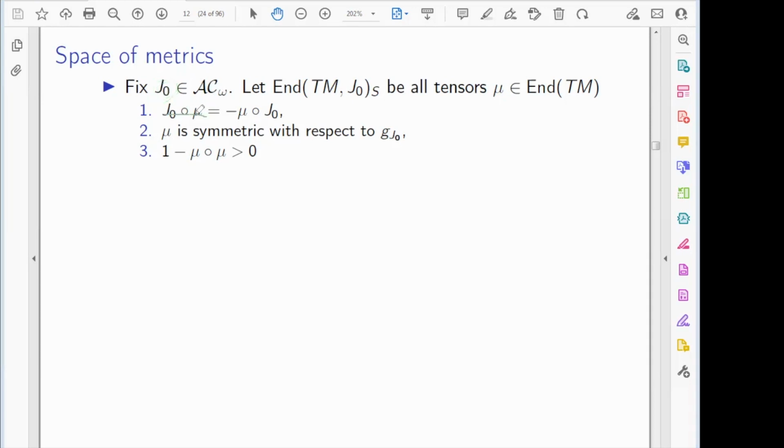So the first two conditions mean that mu is in the tangent space, so it anti-commutes with J0, and it's symmetric with the associated metric. But you also require that it satisfies this condition.